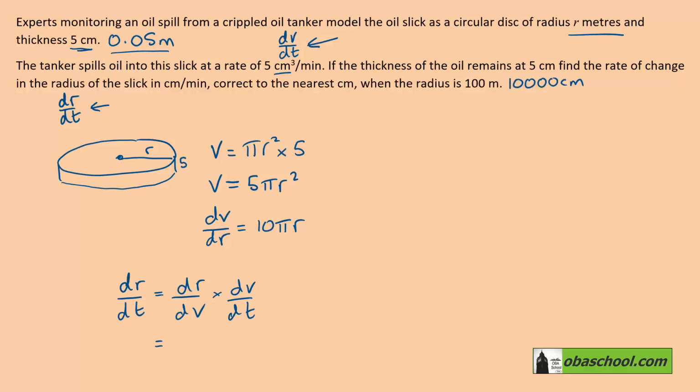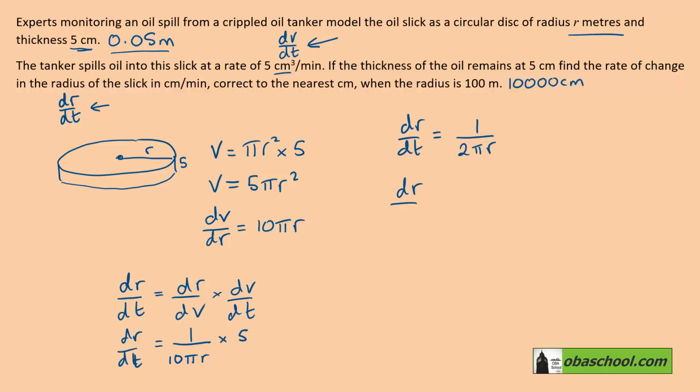Now, if dV/dr is 10 pi r, dr/dV is just 1 over 10 pi r. And then dV/dt we were given was 5. So dr/dt, just simplifying that, is going to be 1 over 2 pi r.